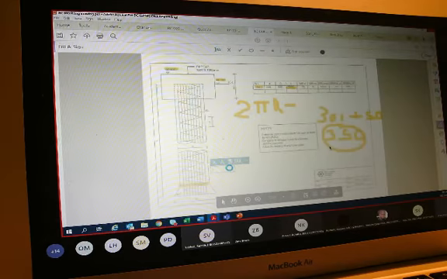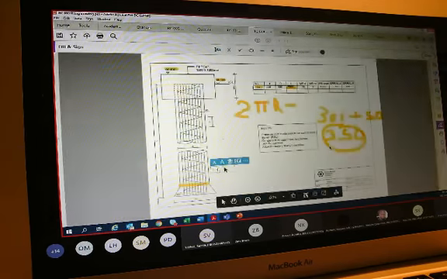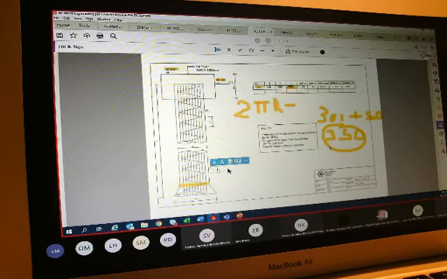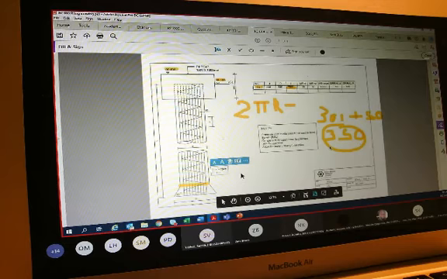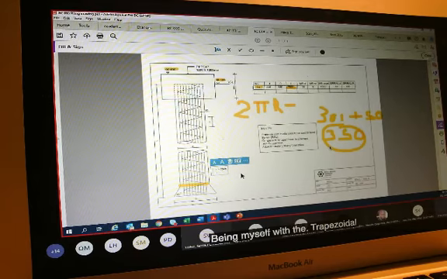And I will explain what I'm doing. I'm taking the length from there to there, and I say that L is therefore equal to 7540.